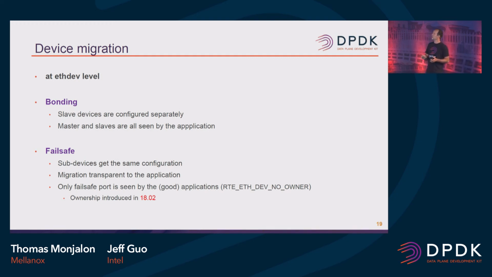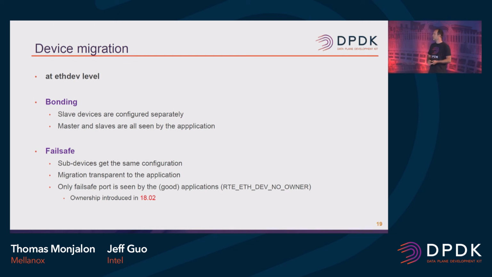It's basically the same idea, but there are a few differences in the implementation. For instance, all the sub-devices in a failsafe pair have the same configuration. It's enforced inside the behavior of failsafe. And one other difference is that you don't see the sub-device of failsafe from the application point of view. So it is a bit more transparent.